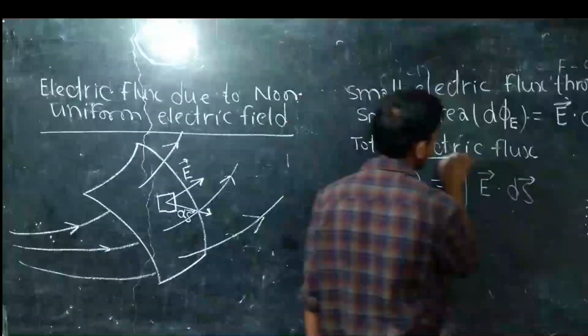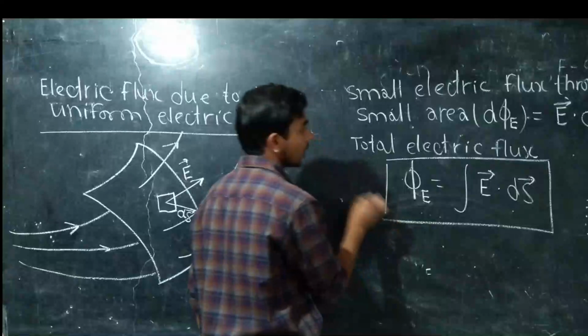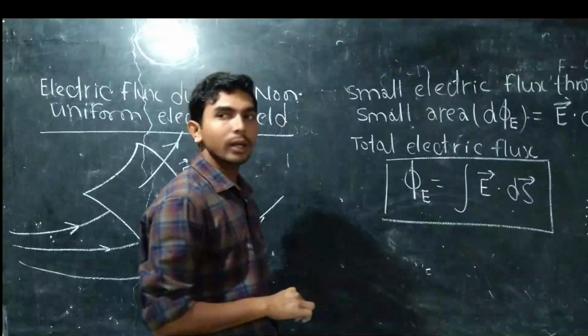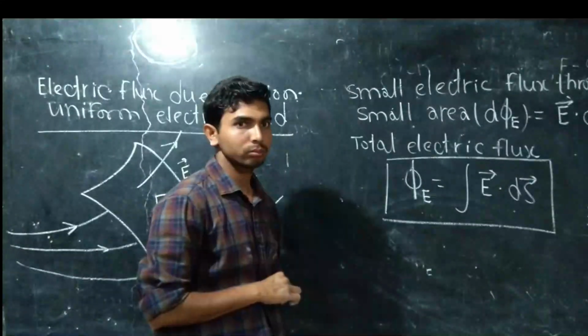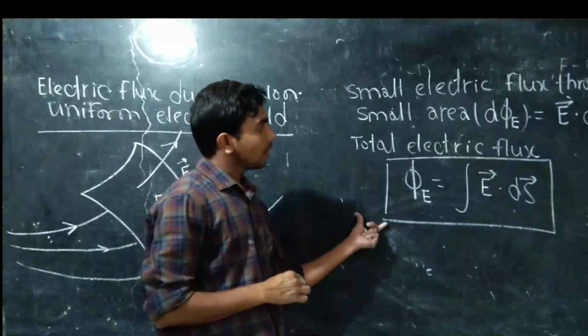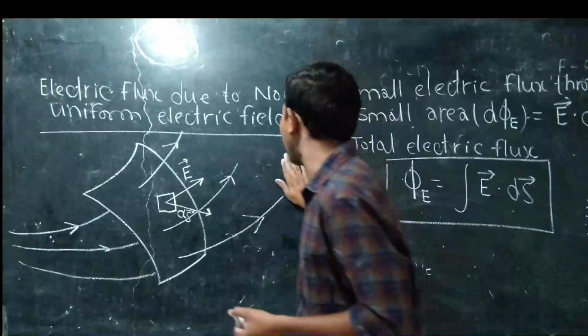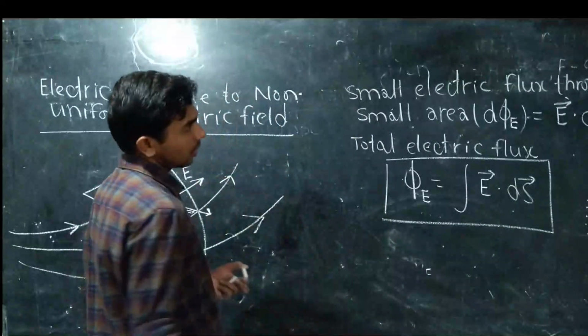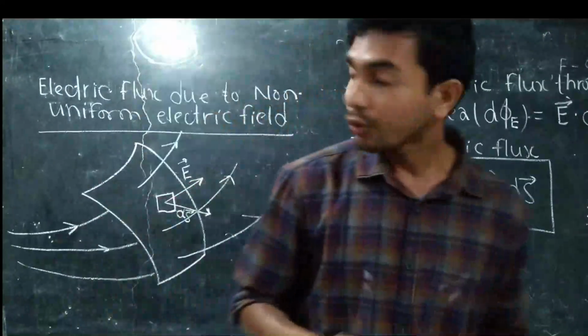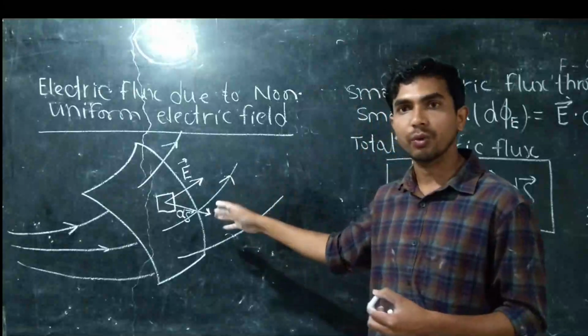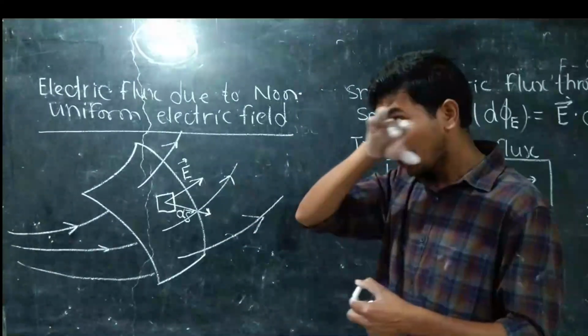This is the formula to calculate electric flux through an area in a non-uniform electric field. Okay, this is all about today's lecture. In the next class I am going to solve one question using this formula. So that's all.